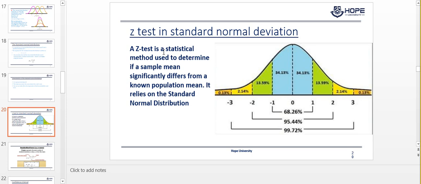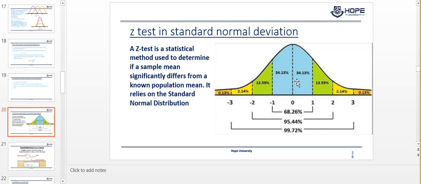If we have a standard normal distribution curve like this, we can now turn to our z-score. Look at this. These are the numbers by percentage level. At the center, we have 34.13%.